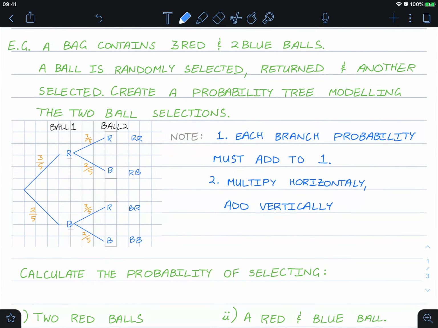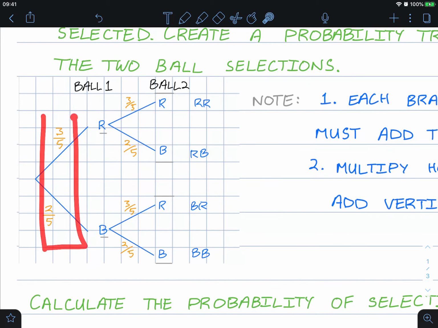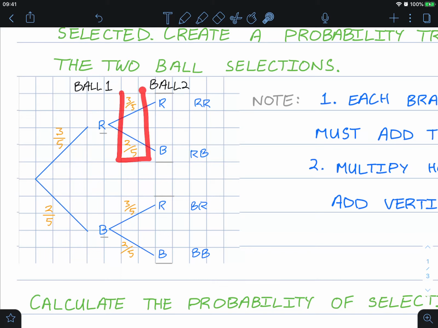There are a few notes that I wanted you to not look at until now. Take note that each branch probability must add to 1. So, in each layer, 3 out of 5 plus 2 out of 5 is 1 whole. Same goes for this one particular branch. 3 out of 5 plus 2 out of 5.